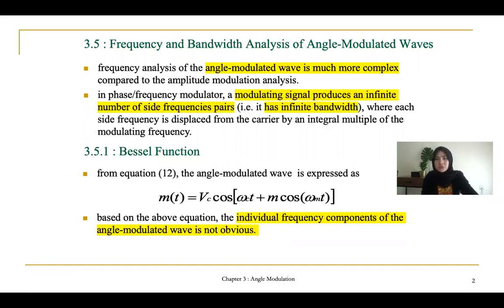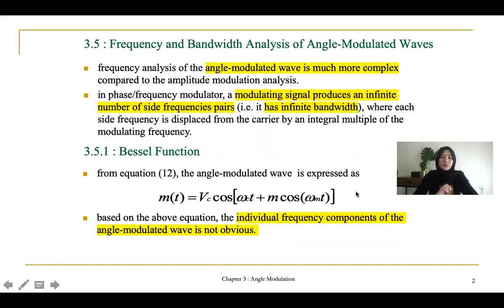I already introduced this formula in chapter 3 part 1. This is the output equation for the angle modulated wave, where Vc is the carrier amplitude and m is the modulation index.